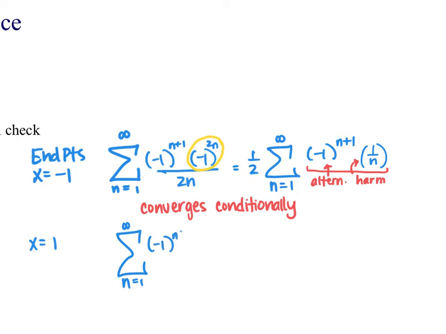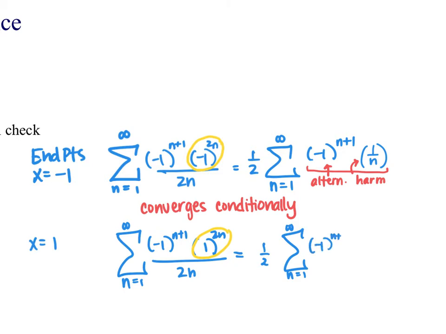So negative 1 to the n plus 1 times positive 1 to the 2n over 2n. Well, positive 1 to the 2n is always going to be positive 1, so I really end up with the exact same thing. I end up with the alternating harmonic series, which also converges conditionally.